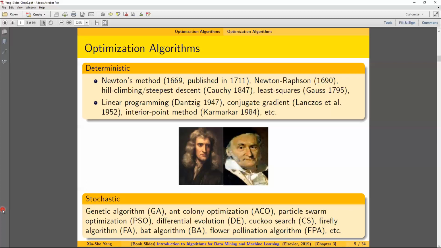You probably already realize, wow, that's a lot, right? It's indeed a lot of different optimization algorithms, and these are only the key algorithms that are listed here.